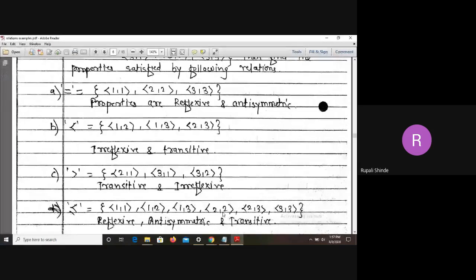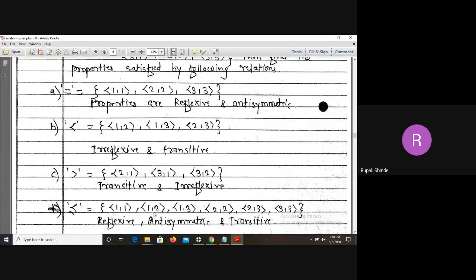That's why we can say that this relation satisfies the reflexive property. Now check whether this one is symmetric. For the symmetric property, if the ordered pair 1 comma 2 is present, then 2 comma 1 must be there. But that is not here. So we can say that this is not a symmetric relation.